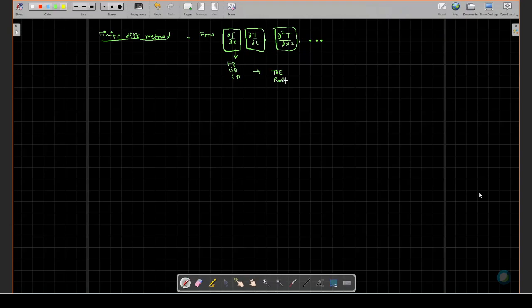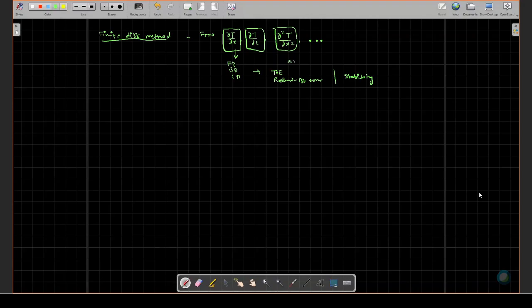And round off error. Okay. Now this has some properties on stability, along with the errors.